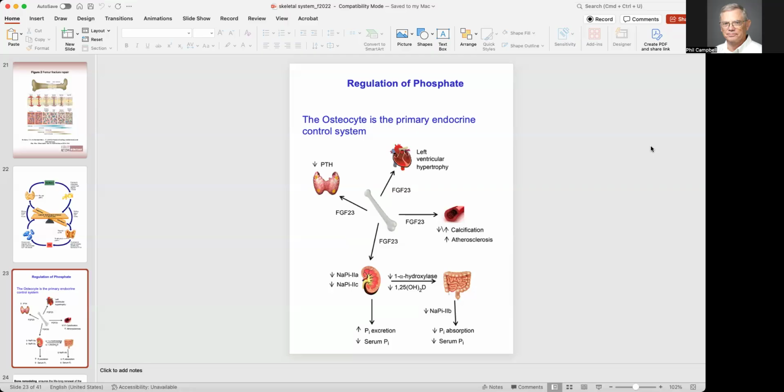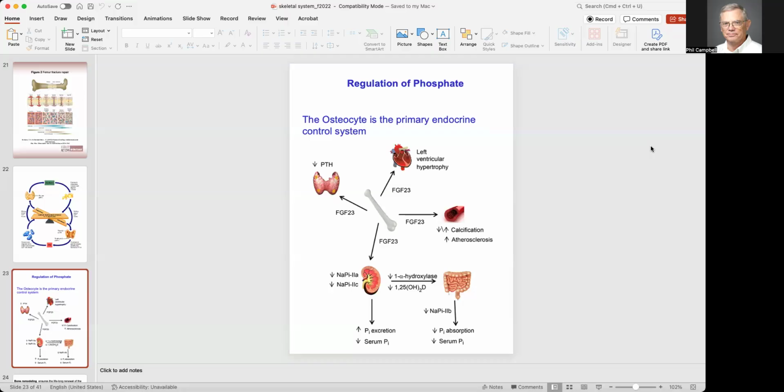Just as important is that the goal over here is by reducing PTH, that's going to reduce phosphate levels in the blood because it's going to be not mobilizing bone stores. It also has a nutritional impact, and that means it's going to go to the kidney where it is going to increase the secretion of phosphate.